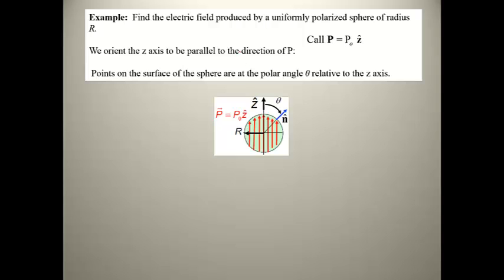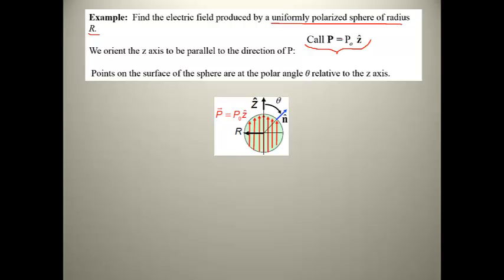Well, let's look at the electric field produced by a uniformly polarized sphere of radius capital R. And we'll orient the coordinate system such that the uniform capital P is equal to P0 times z hat.